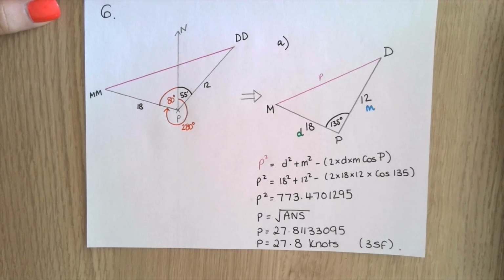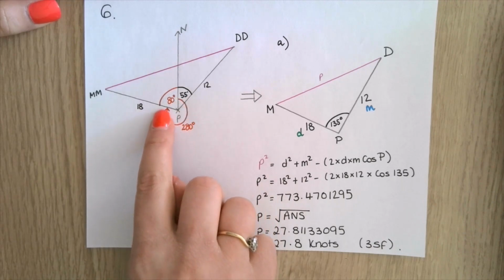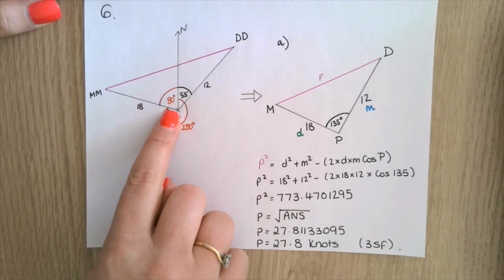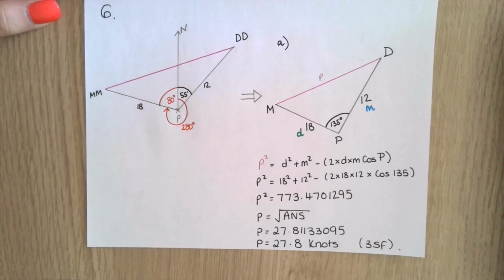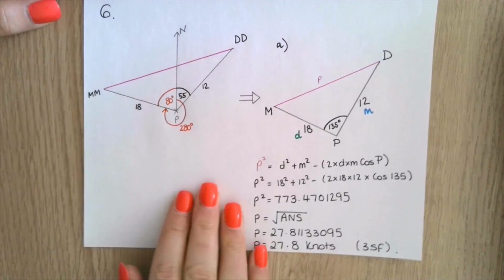It then says Mary Mary sails at 18 knots on a bearing of 280 degrees. So there's my bearing of 280 degrees, and Mary Mary travels at 18 knots. I can then see that when it asks me how far apart the two ships are after an hour, that must be this pink line that I've got here.